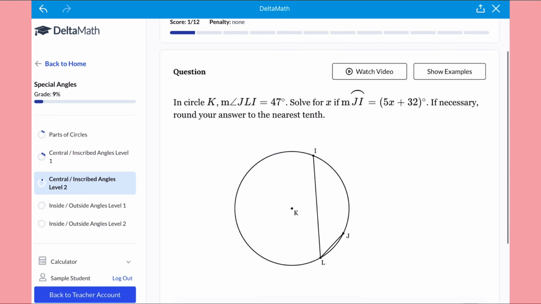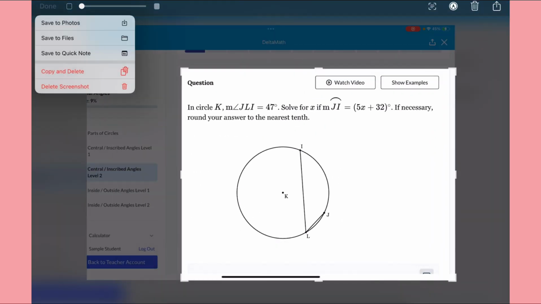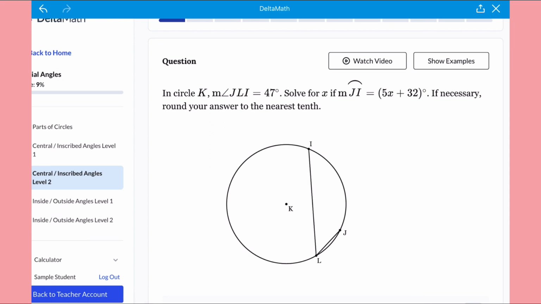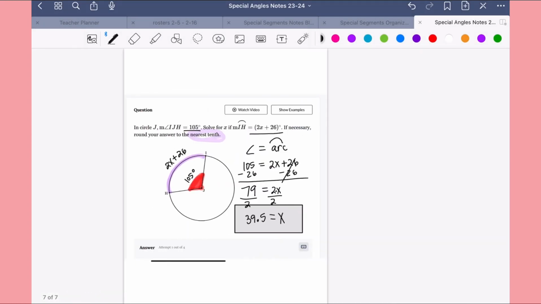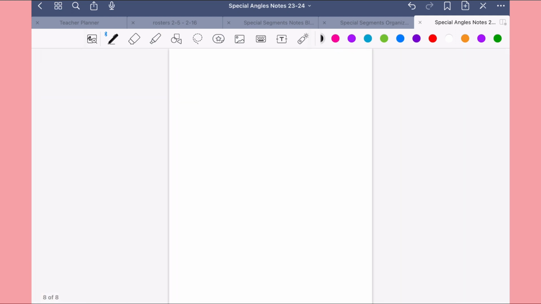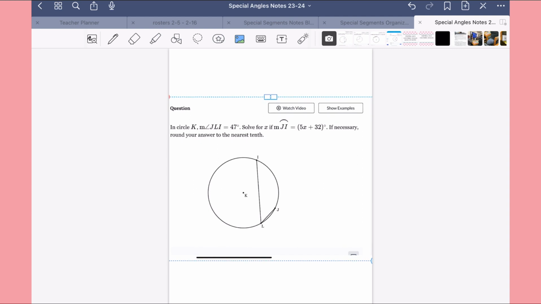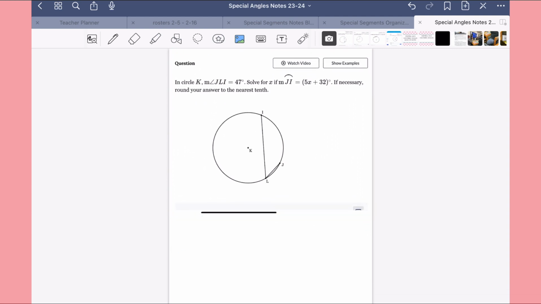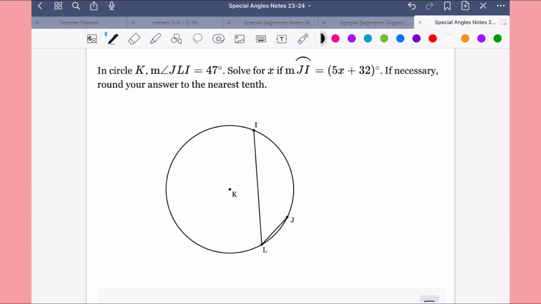Here's an inscribed one with some algebra. Okay. All right, how do I know that this is inscribed? How do you know?